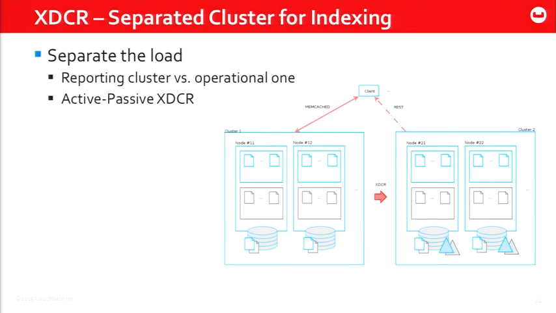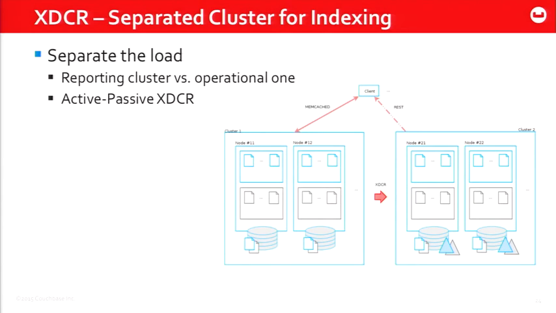Okay, and last but not least, you could even separate the indexing workload from the operational key value workload, right? Which means you can create another cluster, and this other cluster is then only for indexing purposes.